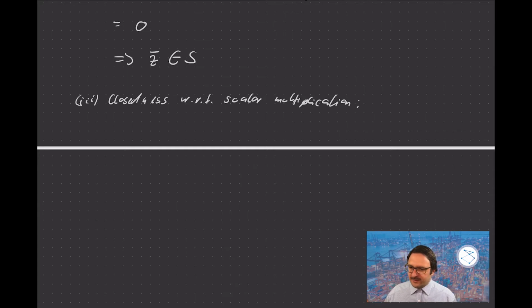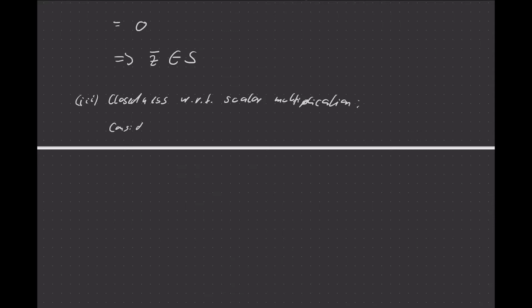Now we'll proceed in a pretty similar way. Again, we'll consider a solution x bar, and we'll also consider a scalar, we call that lambda, and then we will show that lambda times x bar satisfies all equations from this system of linear equations.